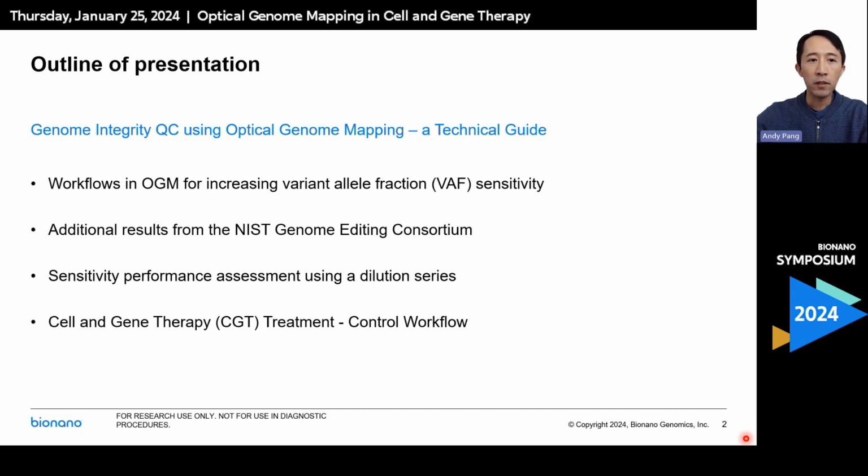Then I'll be sharing with you some additional results from the NIST Genome Editing Consortium. And I'll follow up with some more sensitivity performance using a dilution series. And finally, I'll be talking about how to actually use OGM for the cell and gene therapy application and the actual workflow.